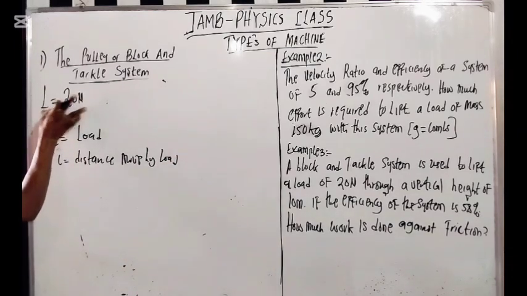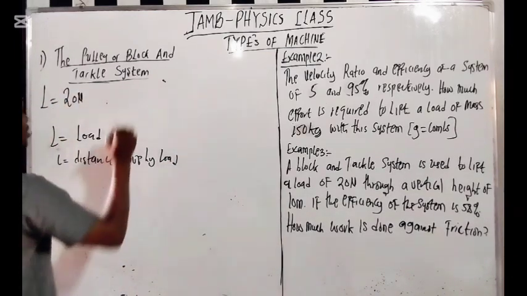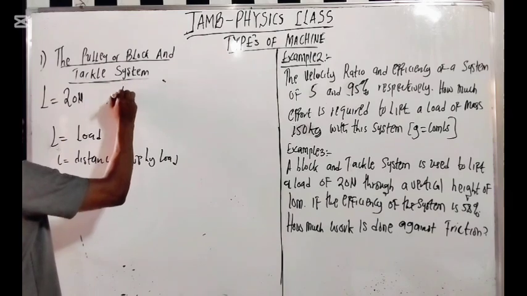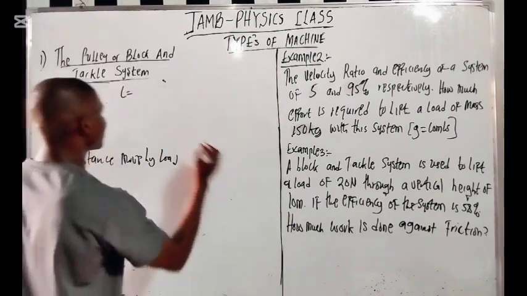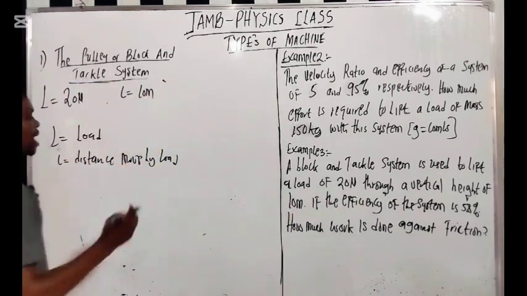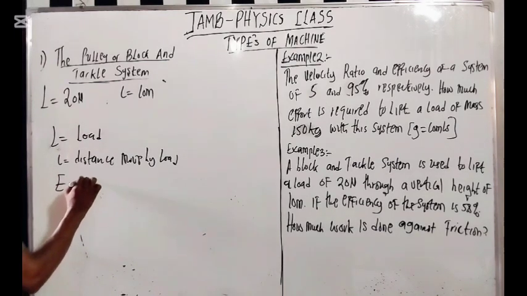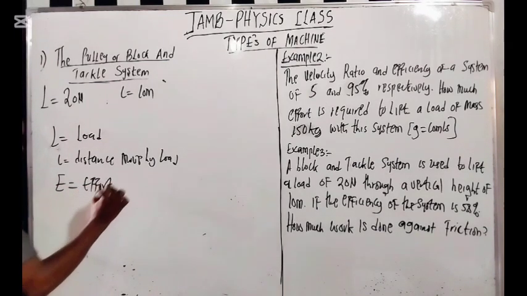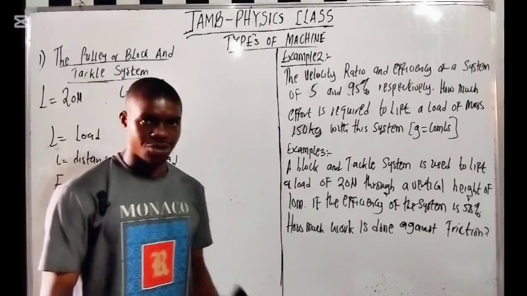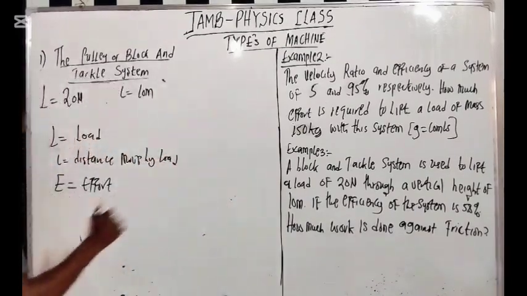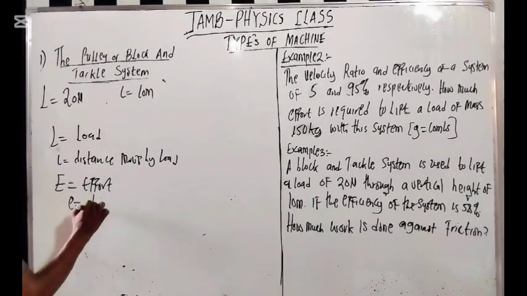So my load is 20 Newton. Now the distance moved by load, which was small letter l, is 10 meters. We also have called effort, which is E, and distance moved by effort, which is small letter e.